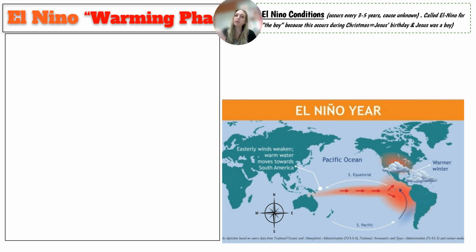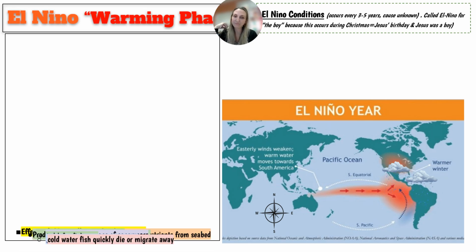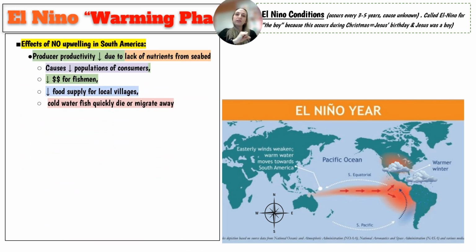So talking now about what's going to happen to the different countries. This is a big one. This was a question last year for our time zone. Because there's no upwelling in South America, we can assume what we wrote about in the normal conditions is not going to happen. We're not going to have any producer productivity due to lack of nutrients coming up from the seabed. This will cause a lack of populations of consumers.